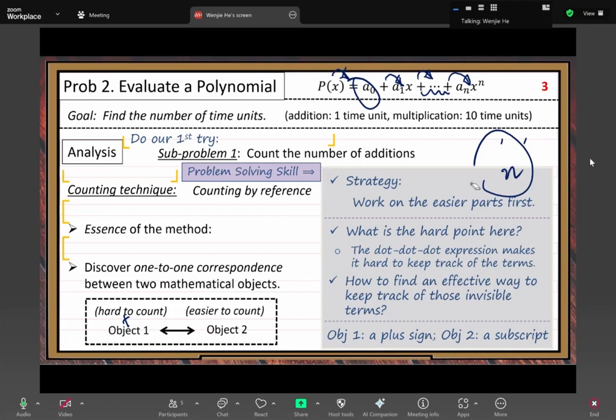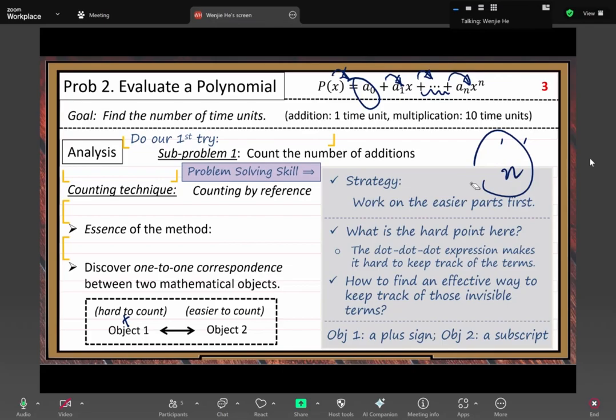Our first subproblem is to count the number of additions, because we know we need to use additions and multiplications to find the value of this polynomial. So the first subproblem: count the number of additions used by our current method. What is our current method?